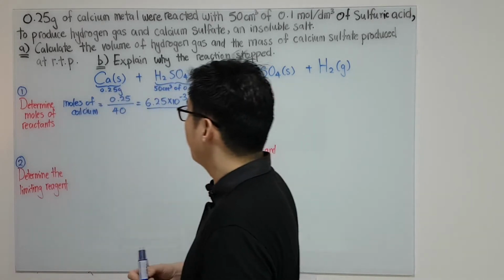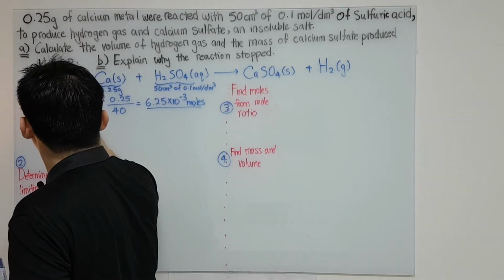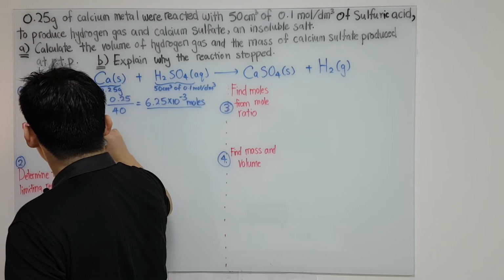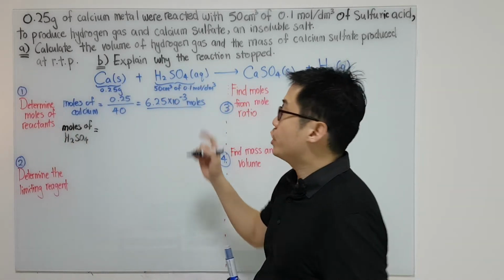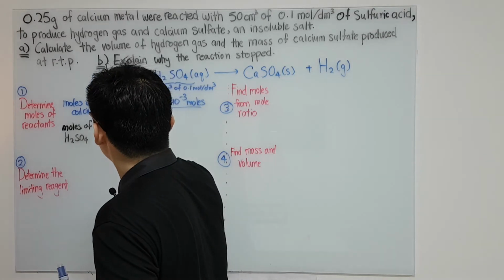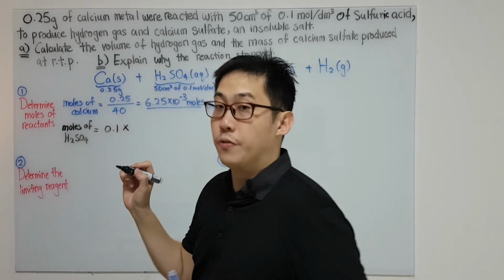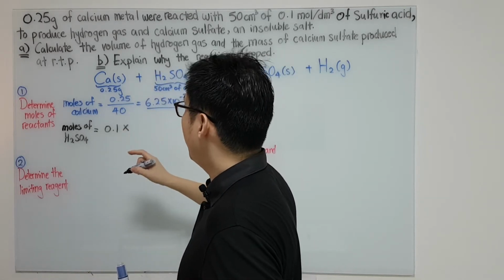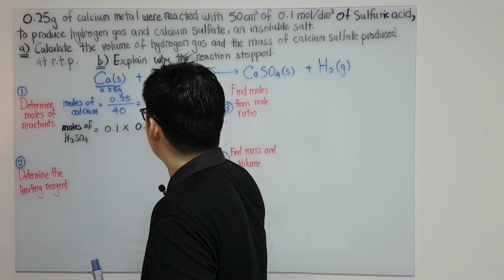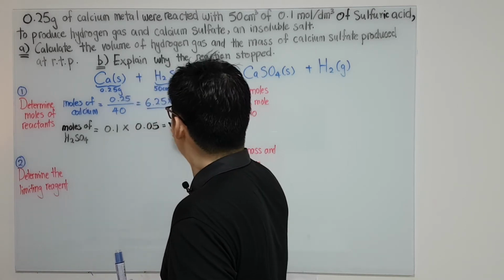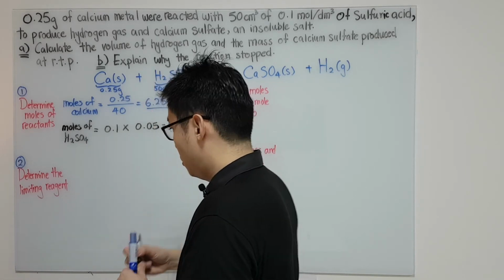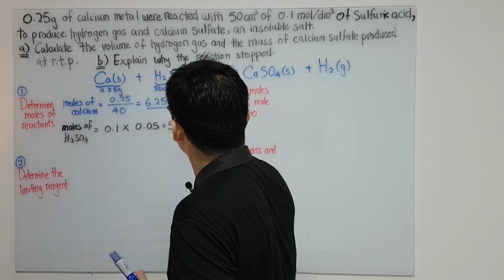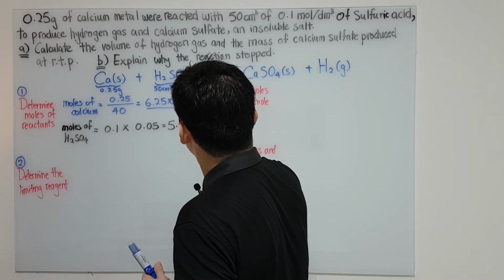The moles of your H2SO4: to find the moles given the concentration and volume, all we need to do is take the concentration times the volume in dm³. This means that 50 cm³ divided by 1000 gives you 0.05, and then times 0.1 gives you 5.00 times 10 to the power of negative 3 moles.